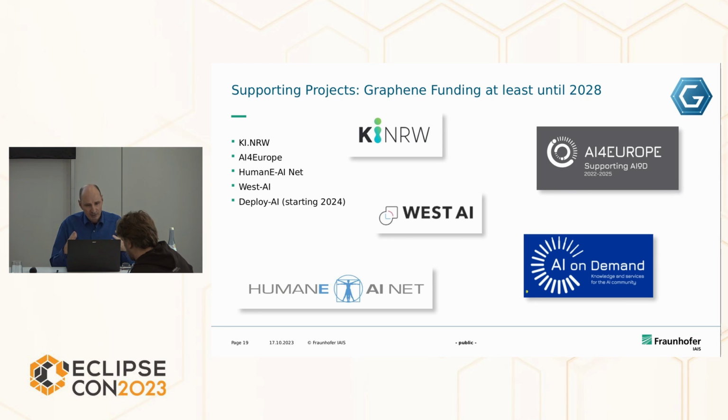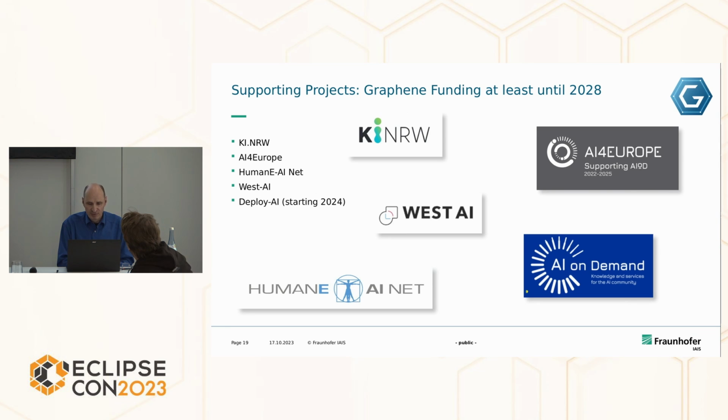So, Graphene is being funded by many research and European funded projects. So we have the funding assured at least until 2028. And the most important ones are KI.NRW, which is a regional initiative in North Rhine-Westphalia, one of the federal states here in Germany.